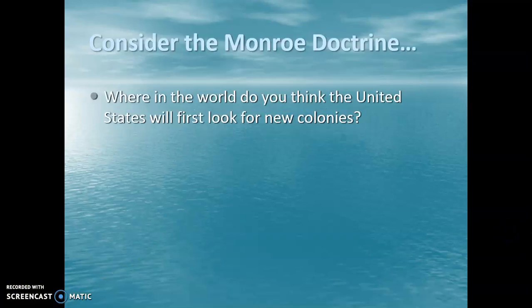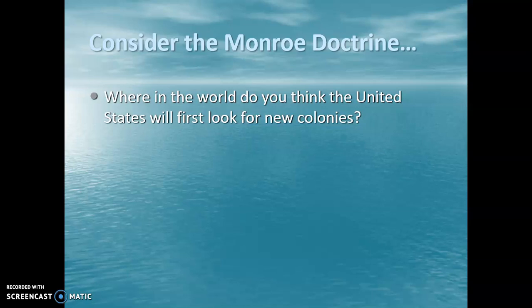So we've been talking about imperialism, at least we did before you guys left. We know that imperialism is this idea that a country is going to colonize or create some sort of an empire outside of its original borders. And in the past, we talked for a minute about the Monroe Doctrine. Made by James Monroe, this is a doctrine that basically says that Europe has to keep out of the Western Hemisphere.